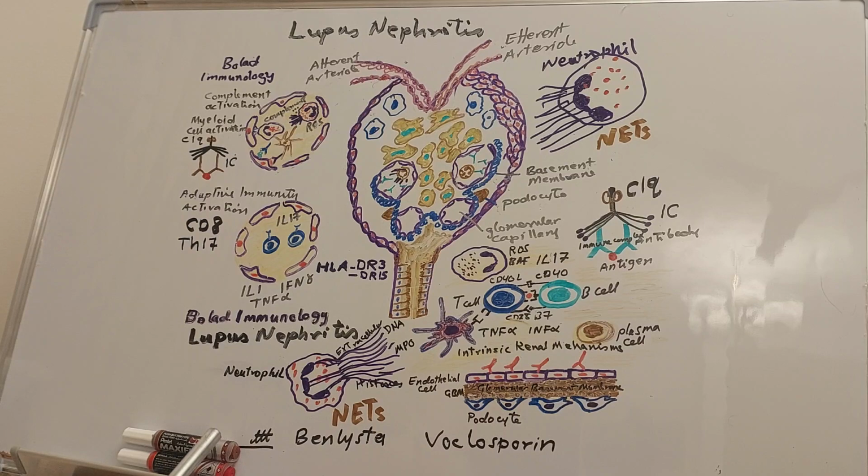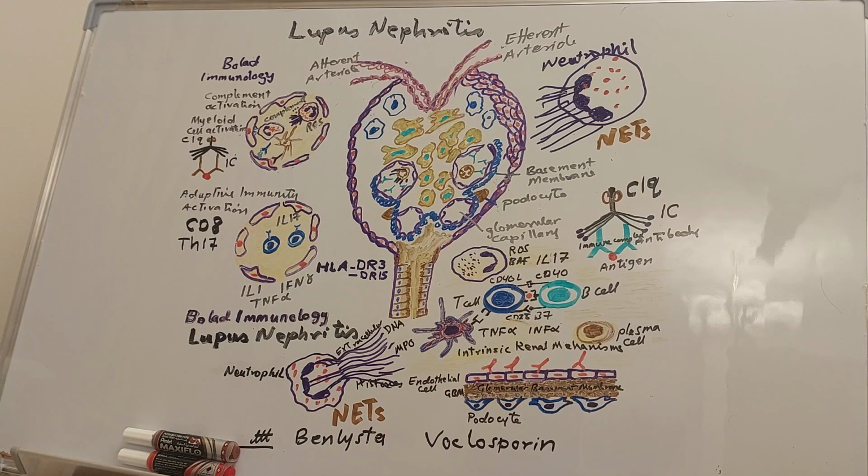We have these cytokines, interferon alpha and TNF alpha, which activate immunoinflammatory cells and activate the blood coagulation system and contribute to formation of blood clots, causing endothelial dysfunction and tissue damage.